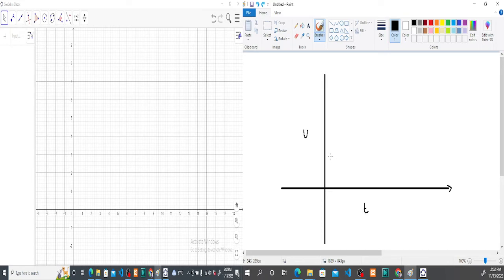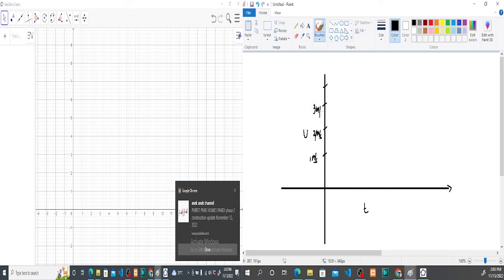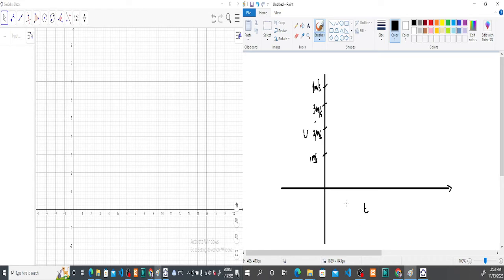So let's say, for example, we have the graph of velocity here. Okay, so this is 1 meter per second, then 2 meters per second, 3 meters per second, 4 meters per second, and then time: 1 second, 2 seconds, 3 seconds.